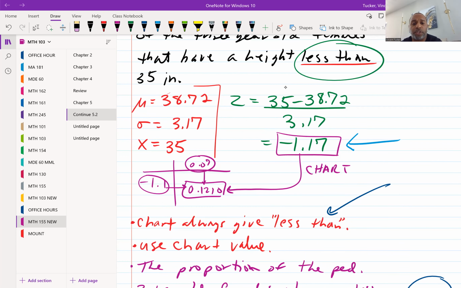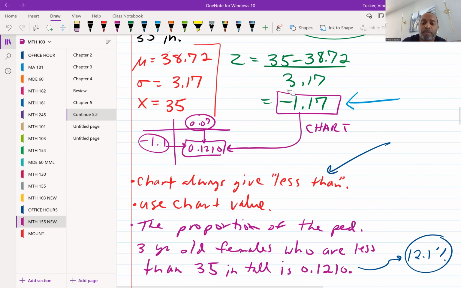So we're just going to use the chart value. So the proportion of the 3-year-old females who are less than 35 inches tall is going to be 0.1210. And if MyMathLab tells you they want it as a percentage, then you just move your decimal 2 places to the right, which would be 12.1%.